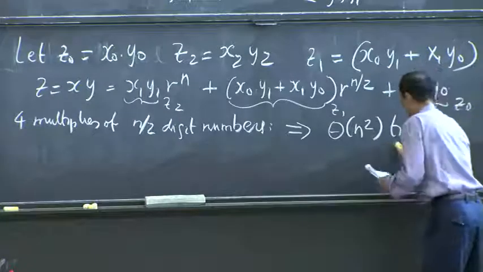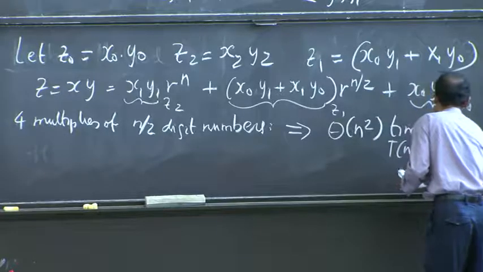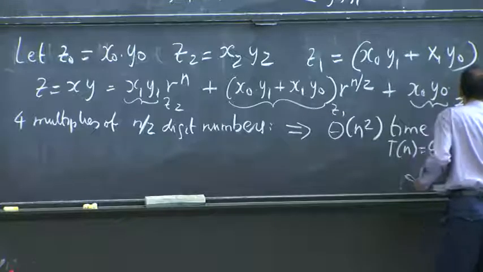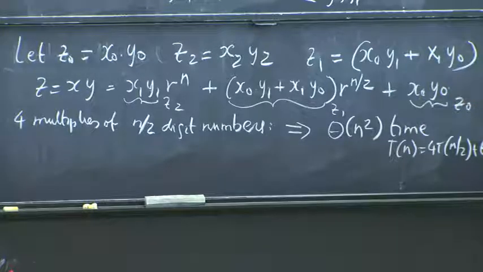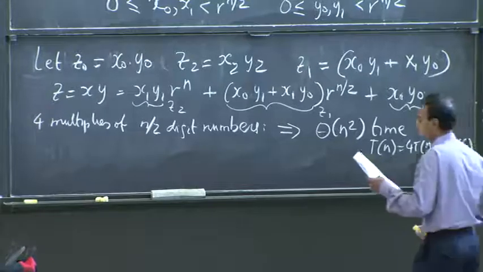So T(n) equals 4T(n over 2) plus theta n, and you're assuming that the additions here take linear time. So that's how you get your theta n square algorithm.